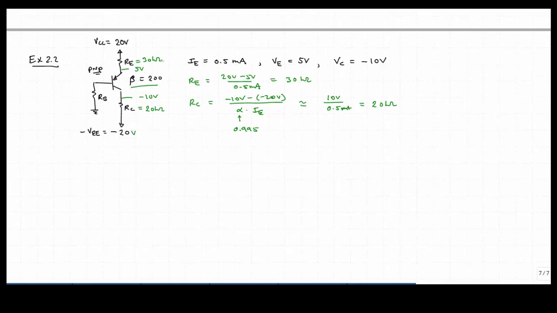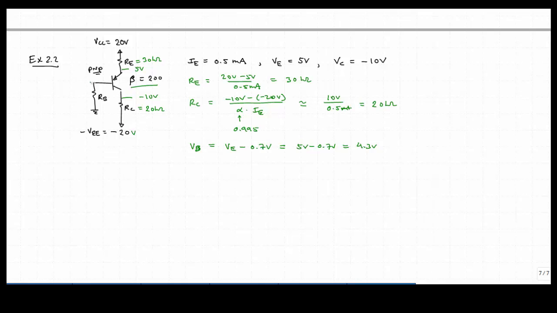Now let's calculate what voltage we have for VB. Now the base will be equal to the emitter voltage minus a VEB drop. Remember, for the PNP transistor, the diode is pointing from emitter to base, so we drop 0.7 volts. So this will be 5 volts minus 0.7 volts, so 4.3 volts.